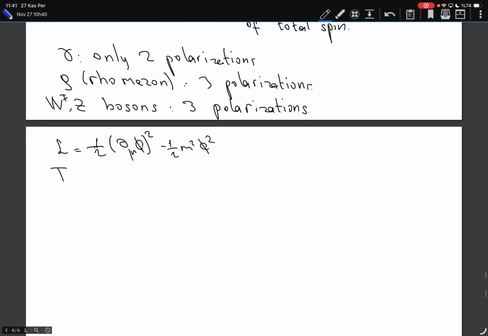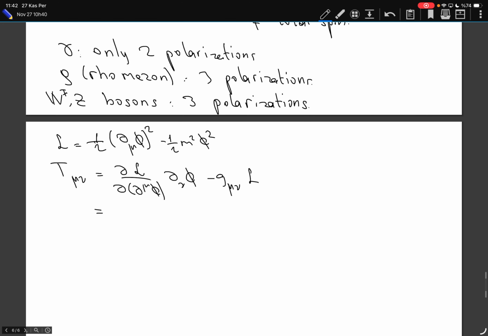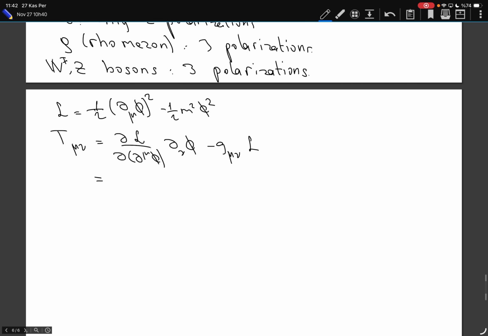If you remember, we calculated the energy momentum tensor as the derivative of the Lagrangian with respect to del mu phi times del nu phi, minus g mu nu times the Lagrangian, which is 1 over 2 del mu phi squared minus 1 over 2 m squared phi squared.